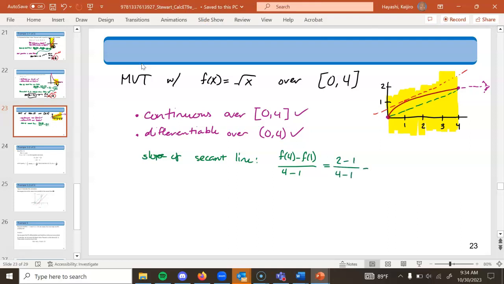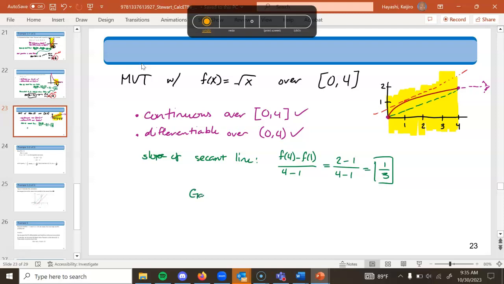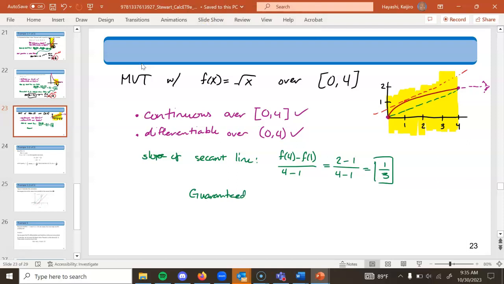Over 4 minus 1, which is 1 over 3. So 1 over 3 is the slope of that secant line, and therefore 1 over 3 is the value of the derivative that is guaranteed to occur somewhere between 0 and 4. So you're guaranteed some value c.